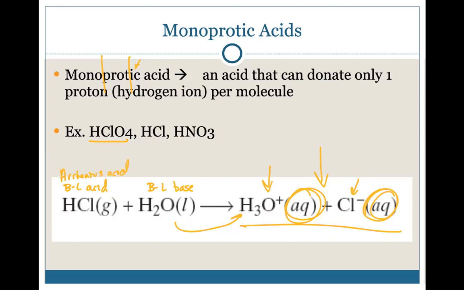Remember, the two criteria that qualify for Arrhenius is it has to be aqueous. Well, we obviously have aqueous. And for an acid, it has to increase hydronium. If you see hydronium as a product, you're obviously increasing concentration. Or in the case of a base, you're going to increase hydroxide. And this is what I was talking about last week when I said you don't have both an Arrhenius acid and an Arrhenius base in one equation.